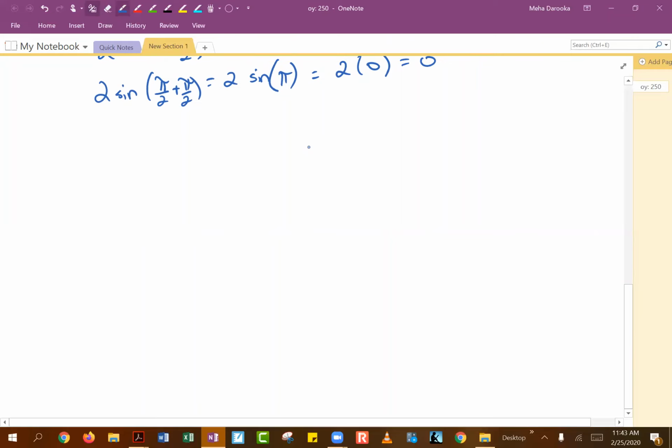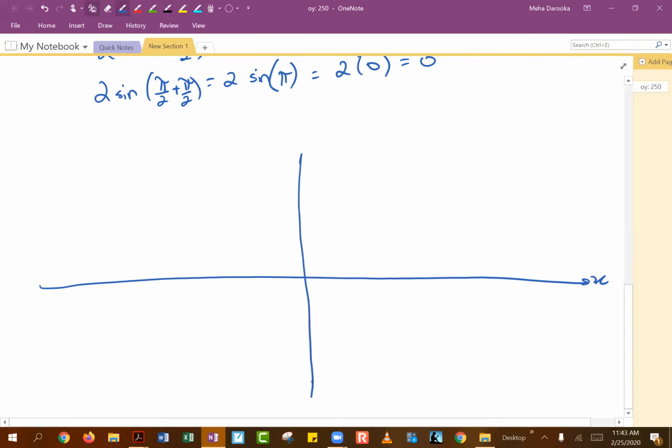Okay, let me set this guy down. We are doing a longer x-axis. And we have an amplitude of 2.